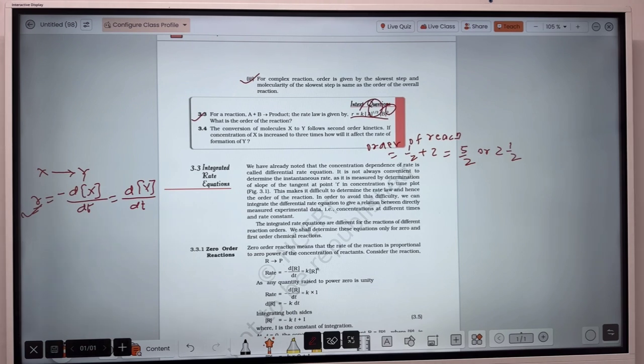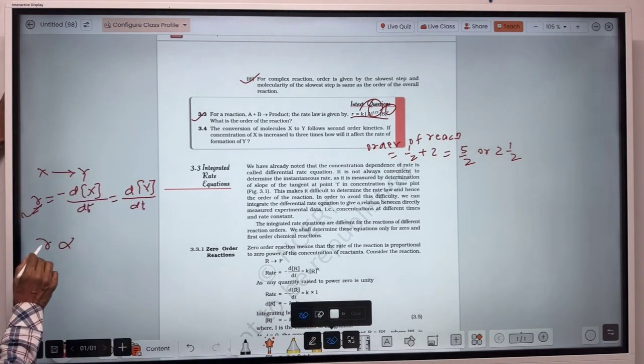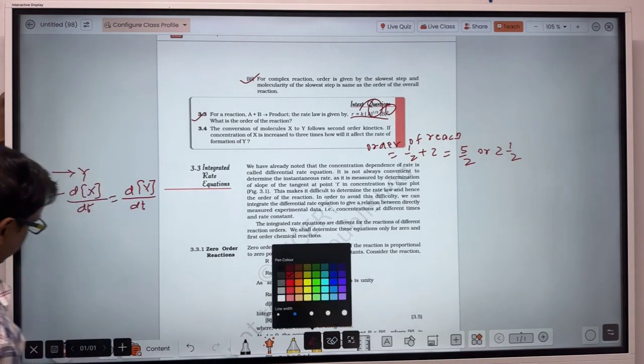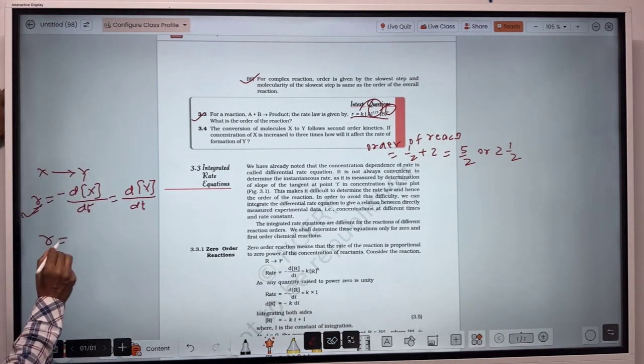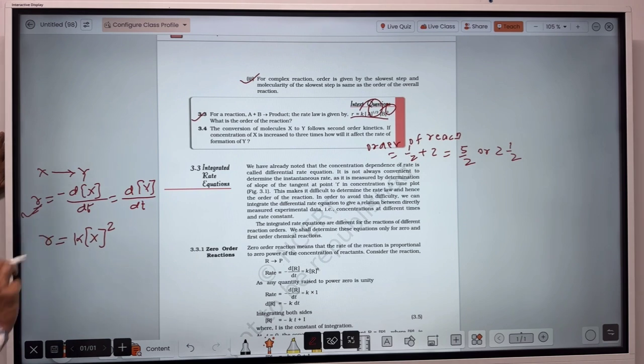So you already know the rate of reaction for a second order reaction will be equal to the rate constant into the concentration of reactant X to the power 2, since the reaction is second order.